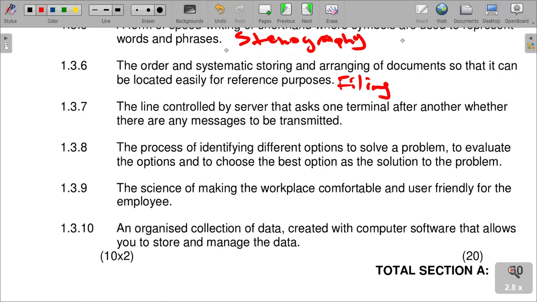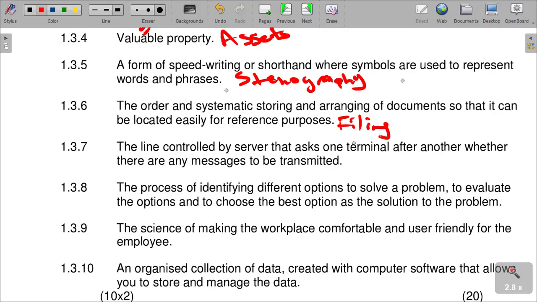The line controlled by server that asks one terminal after another whether there are messages to be transmitted. We call that pausing. It is called pausing. Number 7, pausing.